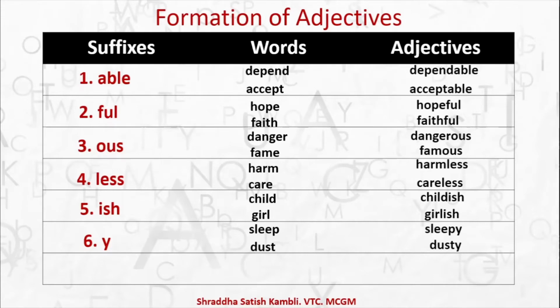Okay, let's take one final example over here with ARY. So if you add ARY to imagine, you get the word imaginary. Okay, and if you add ARY to custom, you get customary.